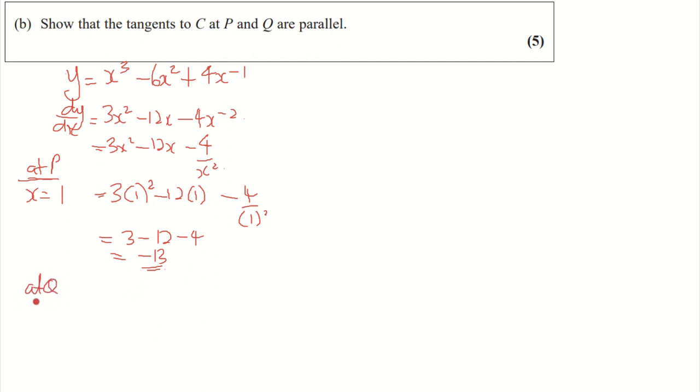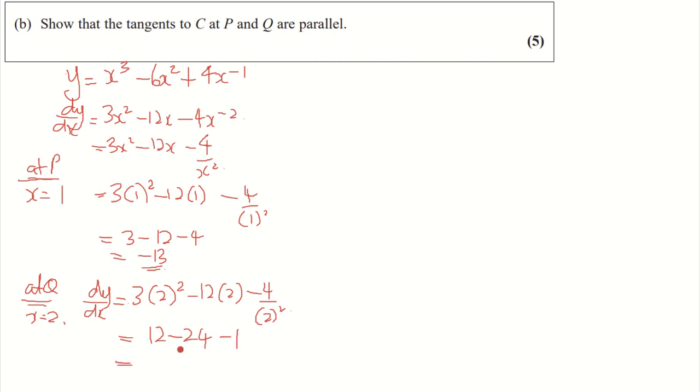At Q we have x equals 2. So dy dx, the tangent gradient, is 3 times 2 squared minus 12 times 2 minus 4 over 2 squared. So 2 squared is 4, 4 times 3 is 12, minus 24, and 4 divided by 4 is 1, so minus 1. So this is negative 12 minus 1. Yes, we are getting minus 13.